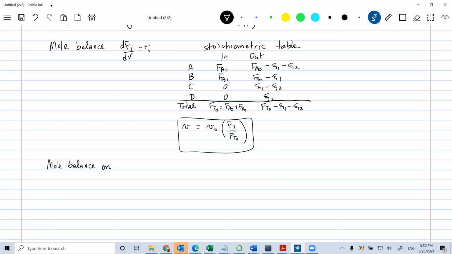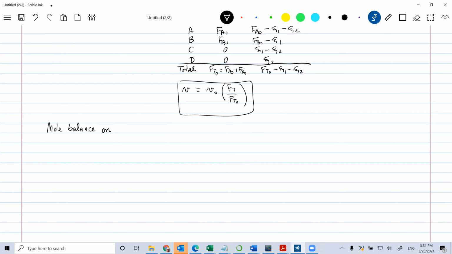So let me see what I did there. What did I end up with? I'll write out what I ended up with. I'm sure it's right, but I skipped some steps and I can't remember which of the components I did the mole balance on.